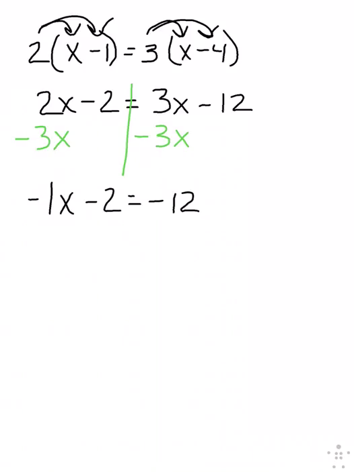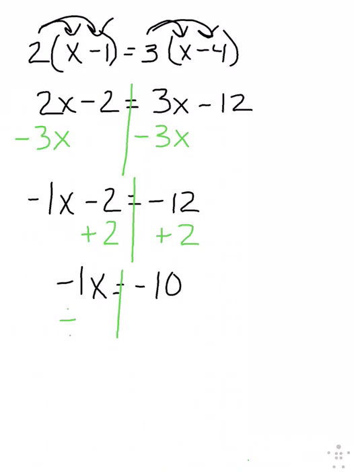Still combining like terms and doing the opposite operation, I do a plus 2 to both sides. Negative 12 plus 2 is negative 10. When I have two numbers left, my last step is to divide. In this case, divide by negative 1. Negative 10 divided by negative 1 is a positive 10. X equals 10 is a one solution answer.